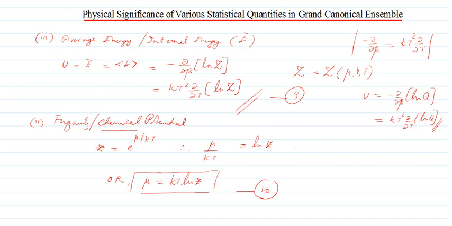Similarly, if you want, you can get some more things, like the Helmholtz free energy of the system. All these are thermodynamical quantities. The Helmholtz free energy, A or F, as we usually use. You know that A is equal to μN minus PV.